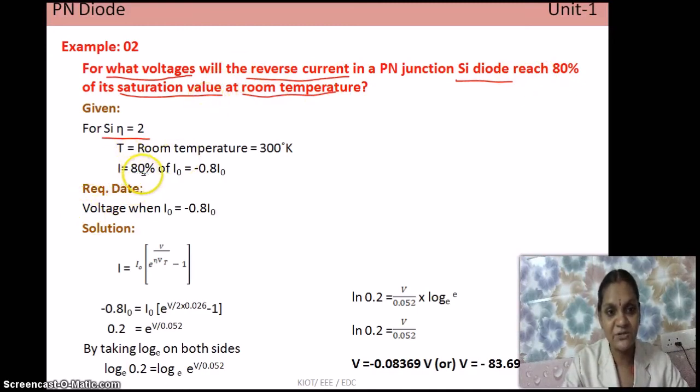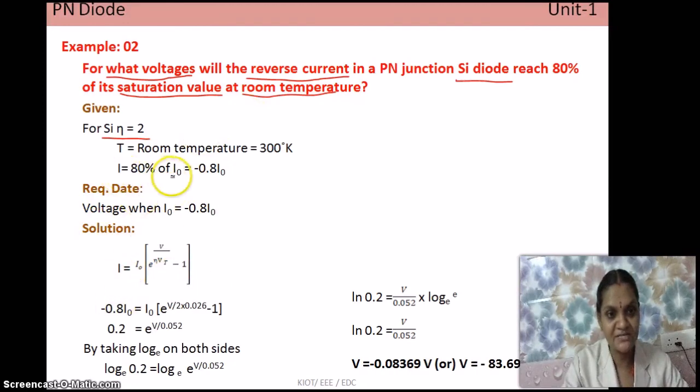I equal to 80% of I naught. 80% can be written as 0.8 into I naught. Clear? The negative sign means it is reducing. The current has reduced by 80% from the total current, so minus 0.8. So use the same formula.